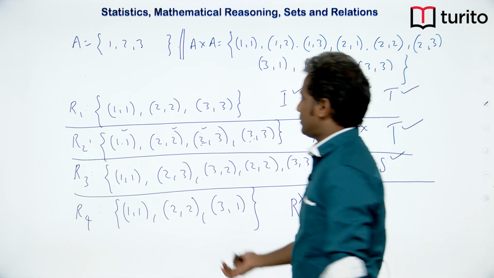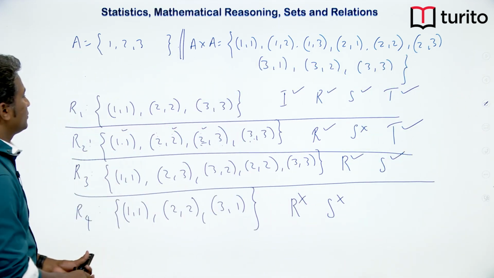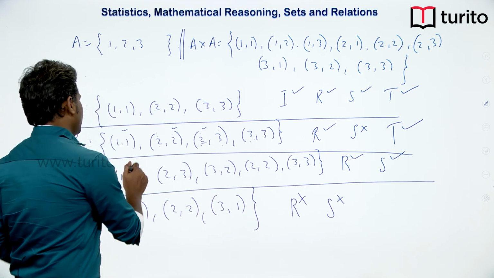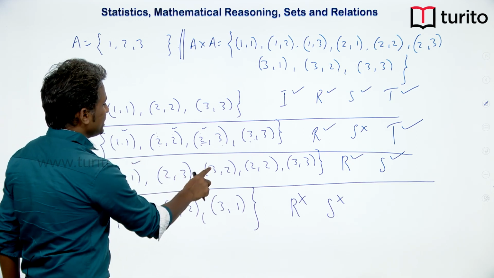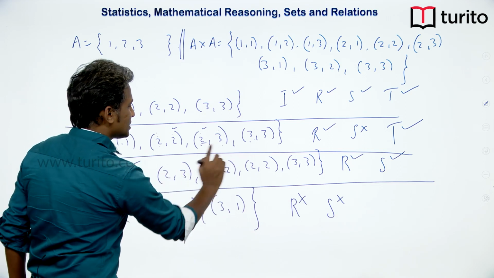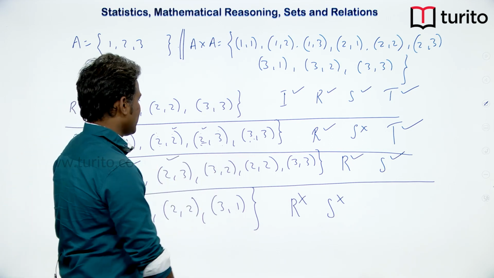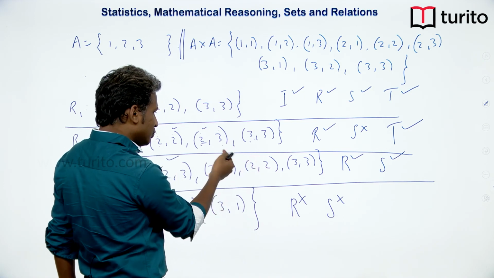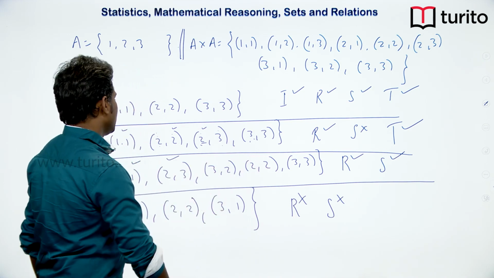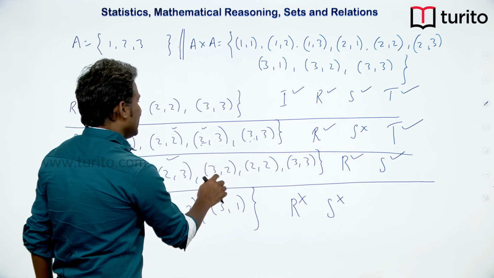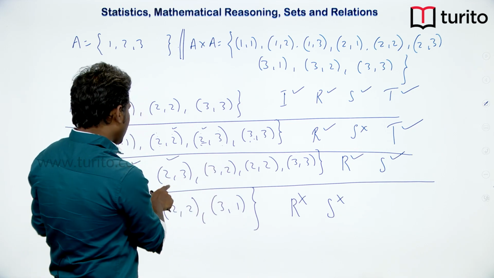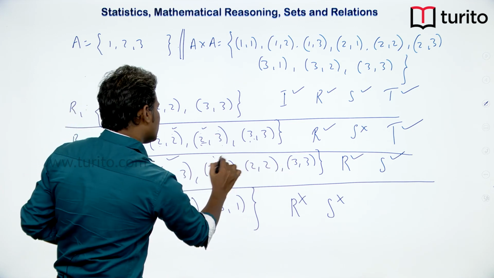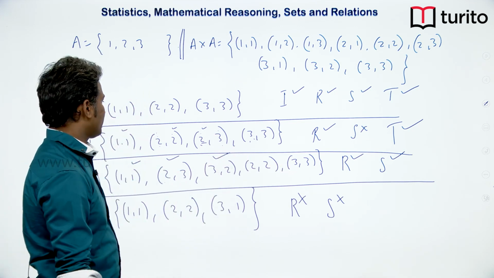Okay. Now, let us come to this. Here, if I check 1 comma 1, it is already satisfying. 2 comma 3, 3 comma 2, so 2 comma 2 must be present. So, this is also satisfying. 3 comma 2, 2 comma 2, so 3 comma 2 must be present, it is also satisfying. And 3 comma 2 and here 2 comma 3, so 3 comma 3 must be present, so this is satisfying.